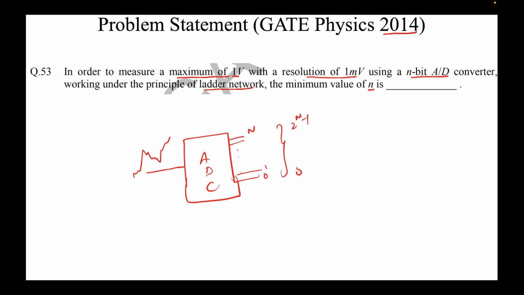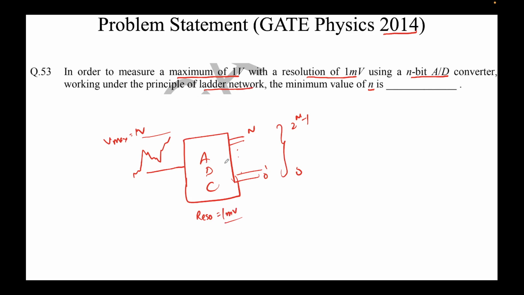In order to measure a maximum of 1 volt, we are given that the maximum this can reach is 1 volt. So V max is given as 1 volt, and the resolution of this A to D converter is 1 millivolt. It's an n-bit converter, using the principle of ladder network.